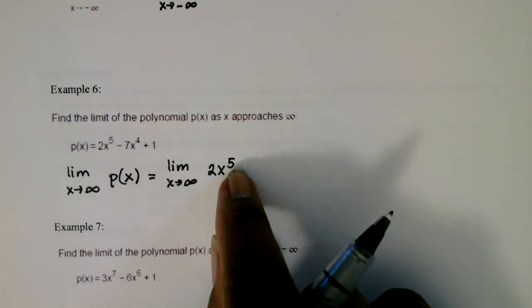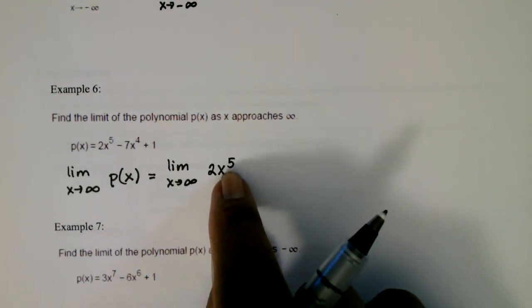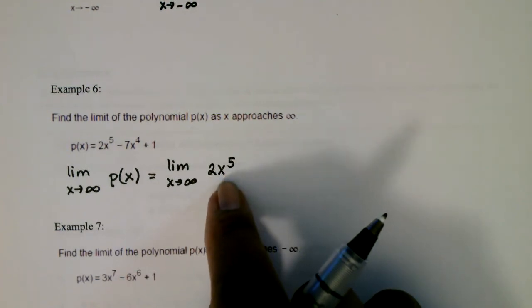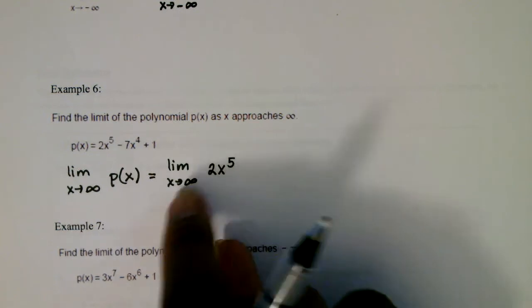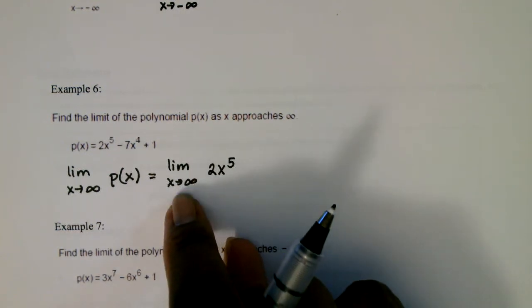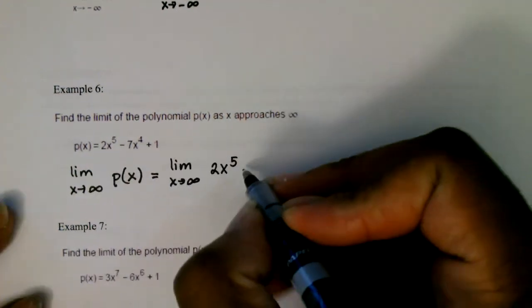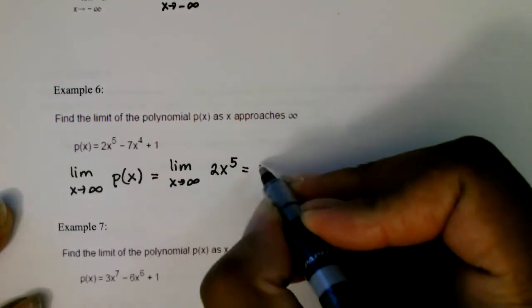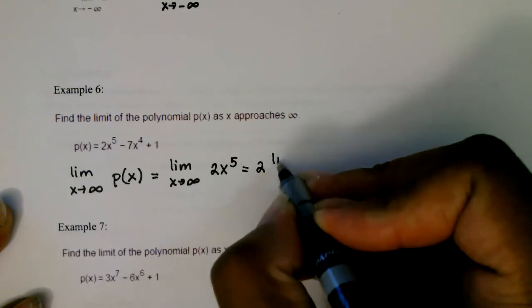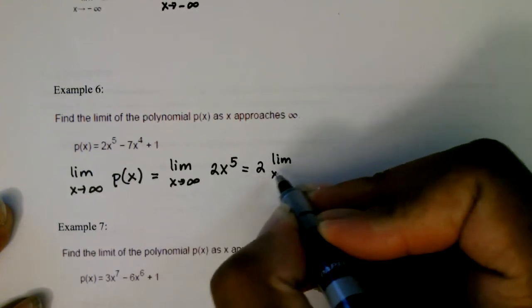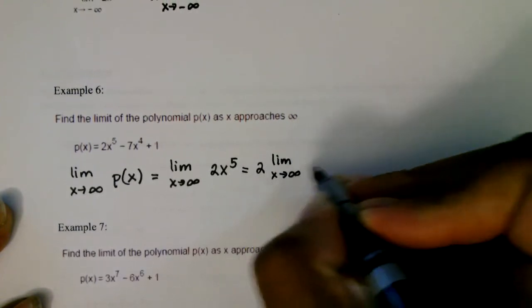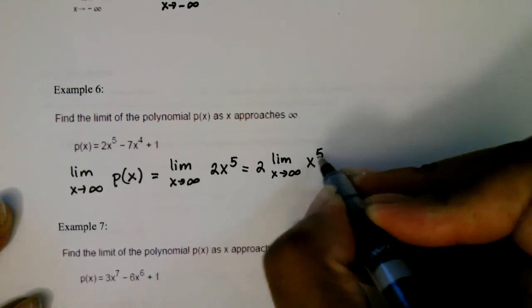Here the degree, the highest exponent in that polynomial function, is 5, and it's odd, and I'm approaching infinity. I can write this by pulling the 2 on the outside using the constant multiple rule, so it'll be 2 times the limit as x approaches infinity of x to the 5th.